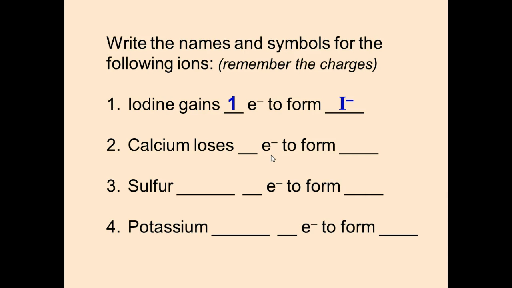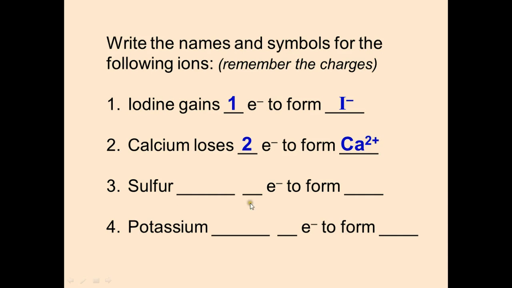And so calcium loses 2 electrons, and if you lose 2 negative things, what do you become? You now have a plus 2 charge because you lost 2 negatives and you were balanced. So there's more positives than negatives. And so that's how you get the 2 plus charge.